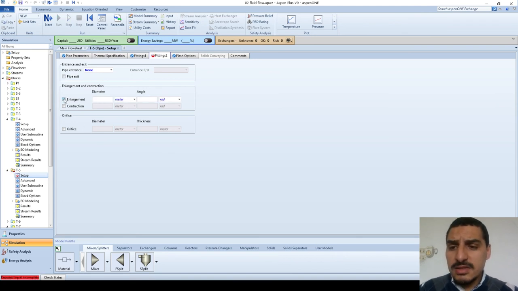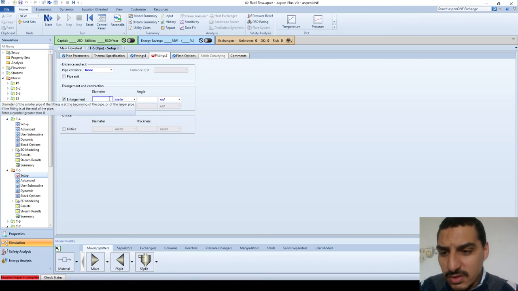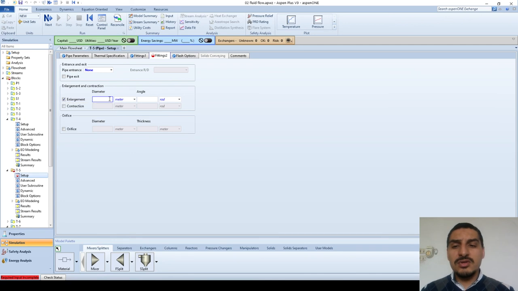And here it tells you the enlargement and contraction. To make it simple for you, the software gives you a hint on the value to define. It's the diameter of the smaller pipe if the fitting is at the beginning, or the larger pipe if the fitting is at the end of the pipe. In a simpler way, define the diameter of the other pipe.